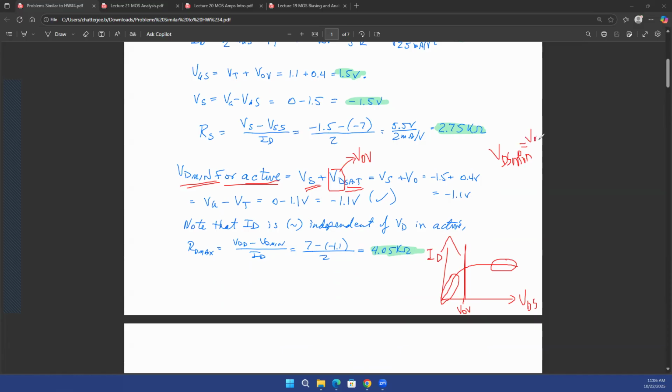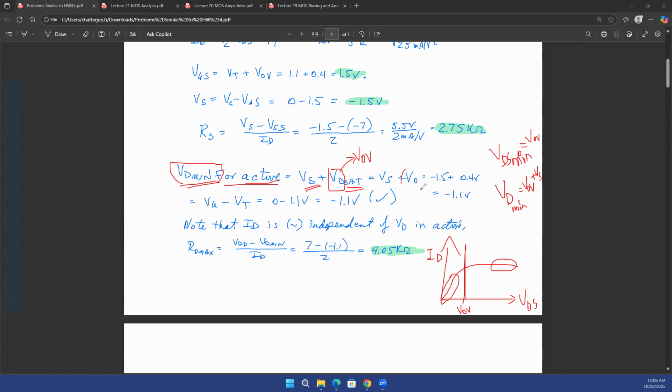What we are interested in finding out is what is the VD min? Because VDS is VD minus VS, VD min is going to be V over drive plus VS. So VD min is equal to V over drive plus VS.